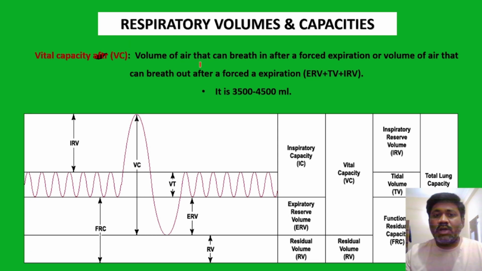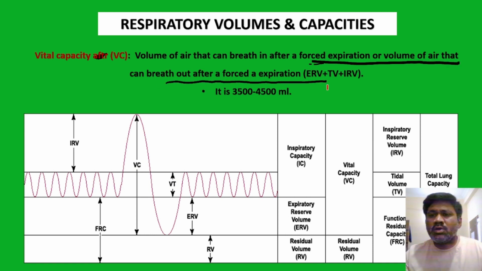Now come to the vital capacity. Vital capacity: the volume of air that can be breathed in after a forced expiration, or the volume of air that can be breathed out after a forced inspiration. This is called what? Vital capacity.